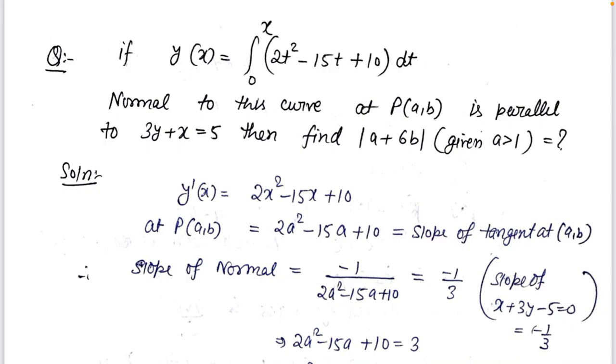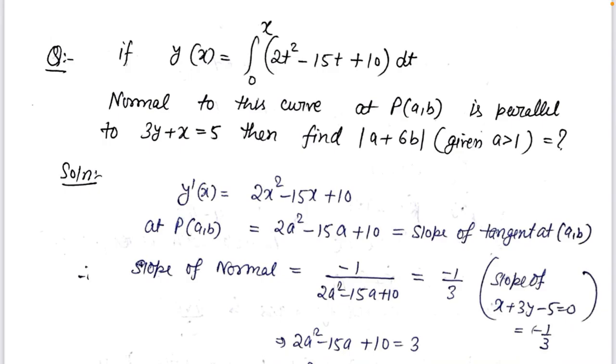Okay, so first of all let me write y dash. Using Leibniz rule I can find y dash. How? Leibniz rule says that you put the upper limit into the function inside the integral sign. This is 2t square - 15t + 10.